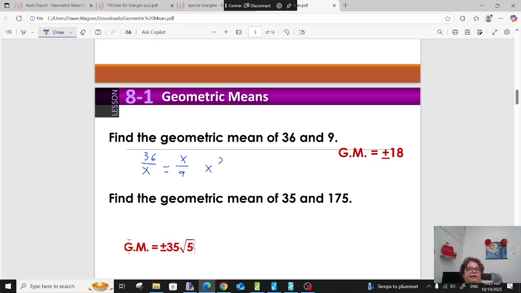So x squared is equal to, what's 36 times 9? 324. You take the square root, but you get plus or minus, and that was probably 18 since the answer's right there.